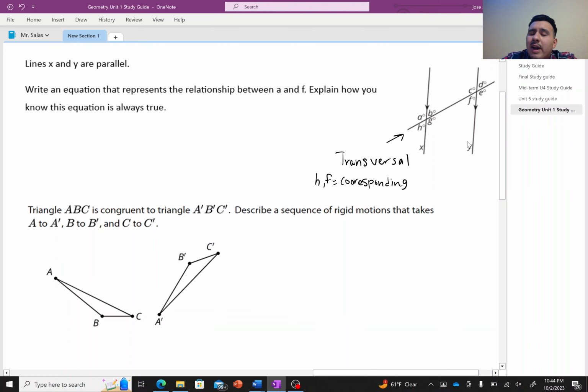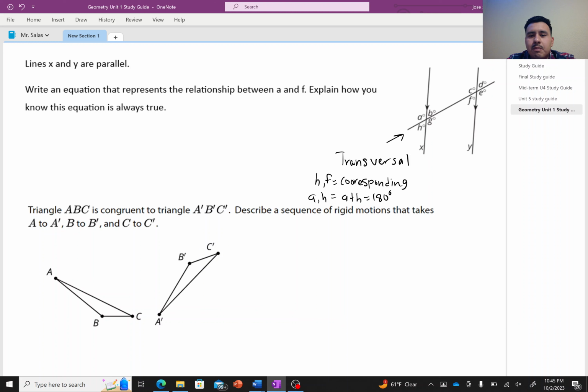But what do we know about angles A and H? Angles A and H form a straight line. Since those angles form a straight line, we can say that A plus H is equal to 180 degrees. Perfect.